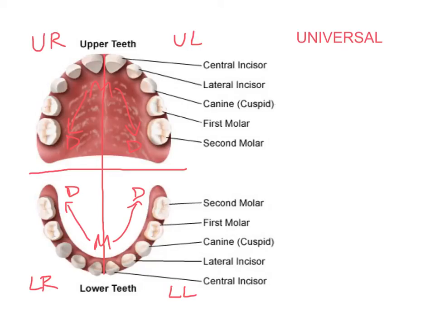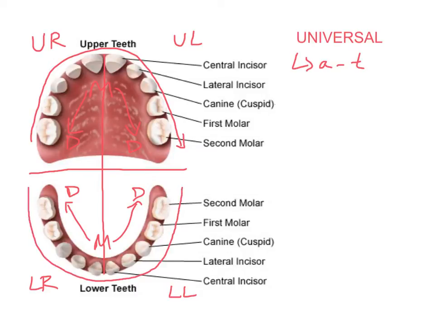Now, we will be reviewing the rules of the universal tooth numbering system using a diagram of primary dentition. The universal numbering system is sequential from letter A to letter T, beginning from the patient's upper right side, going all the way across to the patient's upper left side, coming down the patient's lower left side, and going all the way across to the patient's lower right side.